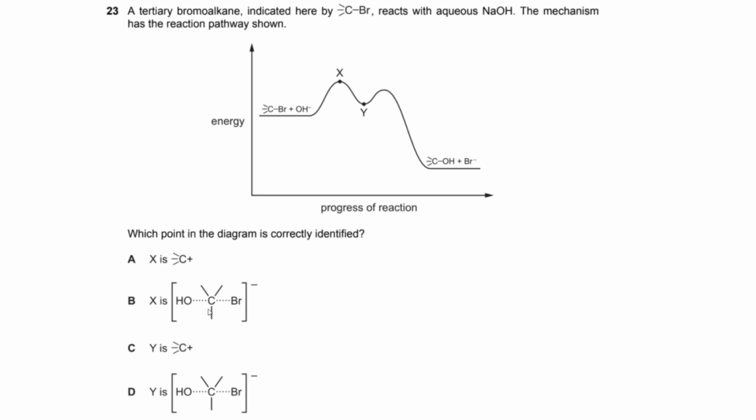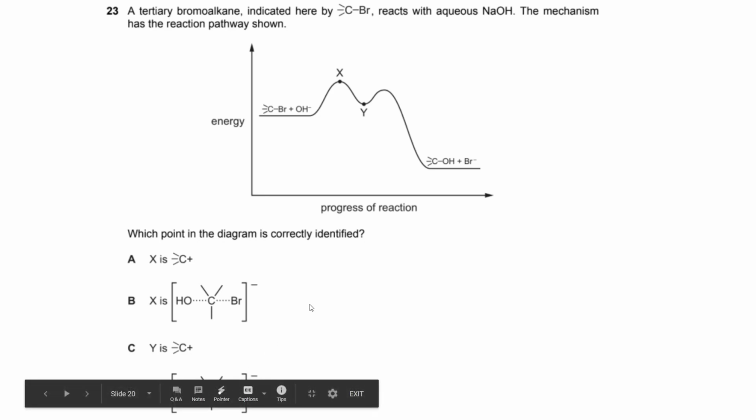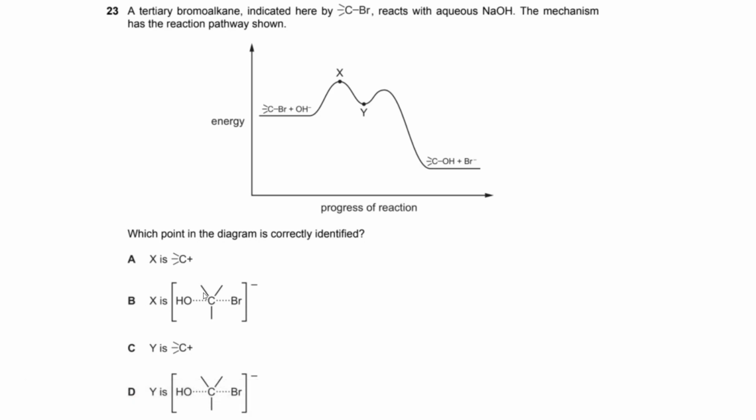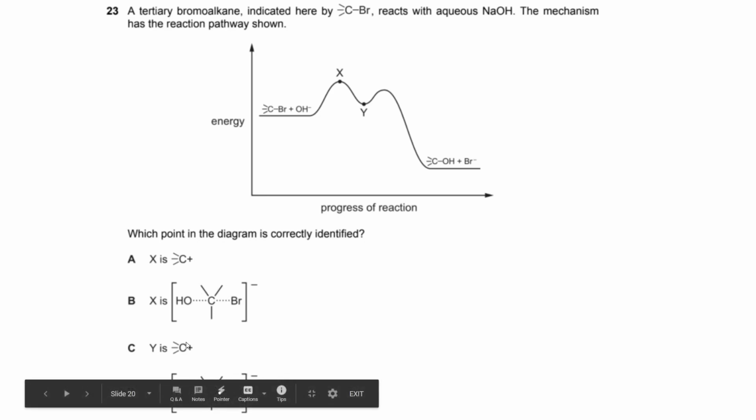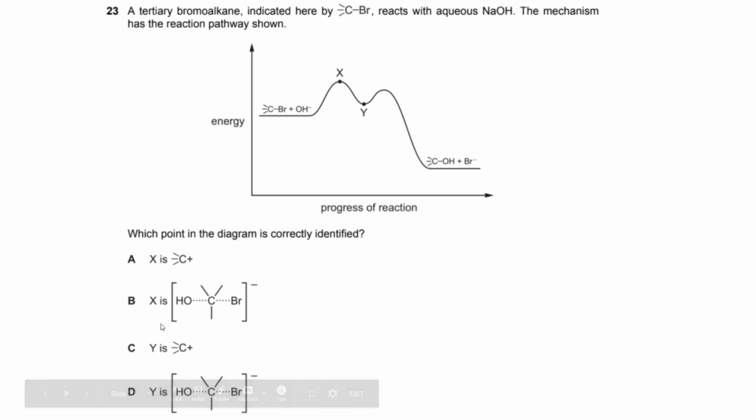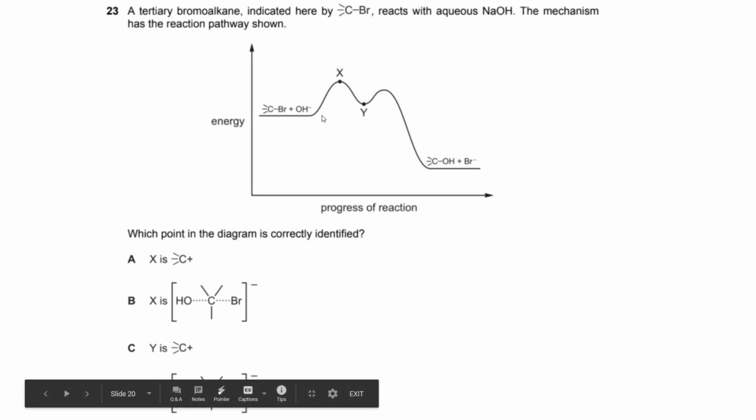For X, it's showing this bonding between both of them at the same time, and we should notice that's not actually how this type of reaction goes. This is showing an SN1 reaction, and the same goes for this bottom one right here. It's showing an SN2 reaction where the two molecules are interacting with each other. So we know it can't be B or C. Therefore, the answer has to be C, where Y is the carbocation right here.